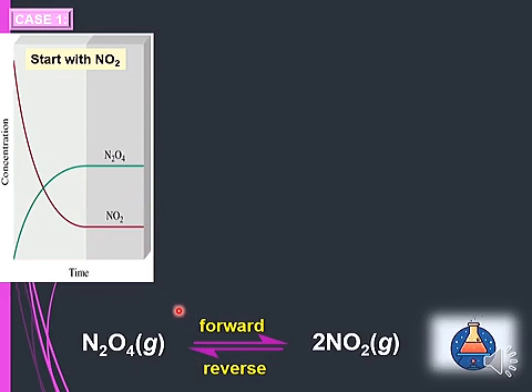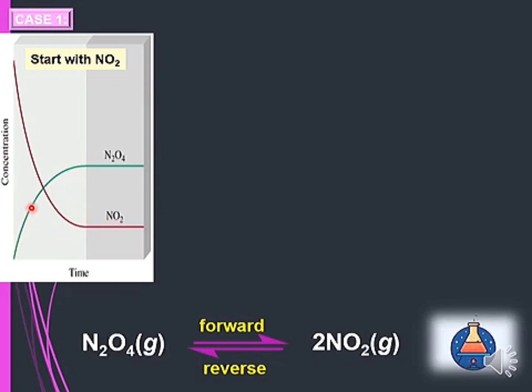Okay, benda simple. Kalau dia bermula atau dia mula dulu, dia mesti berkurang, while benda yang terhasil tu mestilah bertambah. So dalam case kat sini 2NO2 kita adalah produk just now kan, kalau from left to right. Tapi sekarang ni dia kembali menjadi reactant semula. So bermakna concentration NO2 akan berkurang dan concentration N2O4 akan bertambah. So awak kena faham reaction ni. Okay, so dalam case ni dia berlaku reverse reaction.